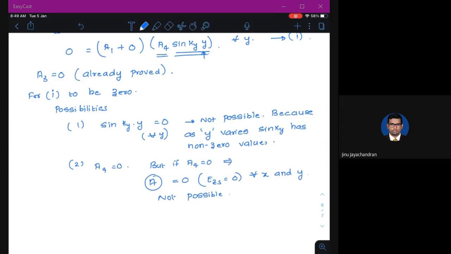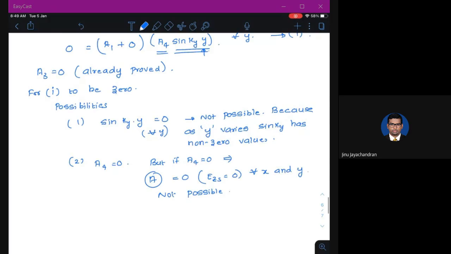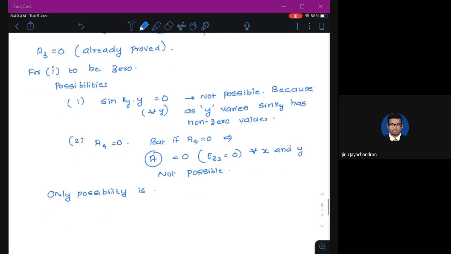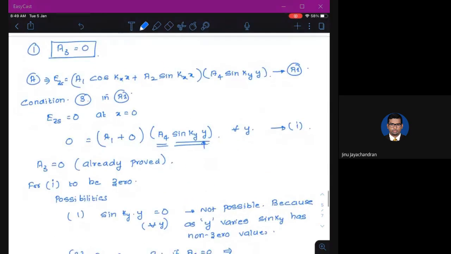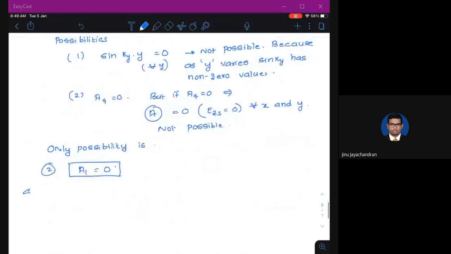So if you substitute A4 equal to 0 in the A equation, since A3 is equal to 0, this EZS will always be 0. So the only possibility is A1 is equal to 0. This is condition number 2. So we have proved two conditions, A1 is equal to 0 and A3 is equal to 0.